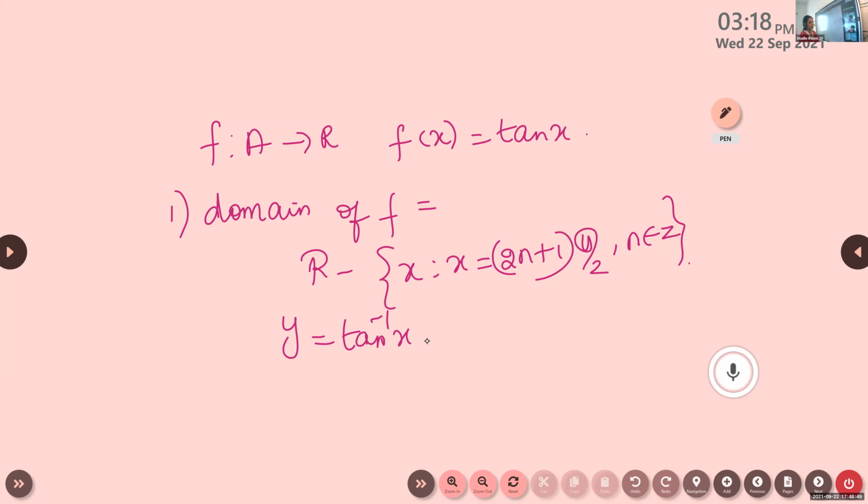What is the answer? It's a direct formula, isn't it, Navrin? What will be the answer? Domain is R and range is minus pi by 2 to pi by 2.